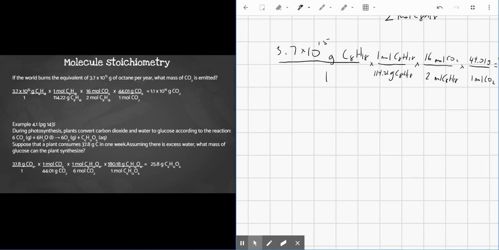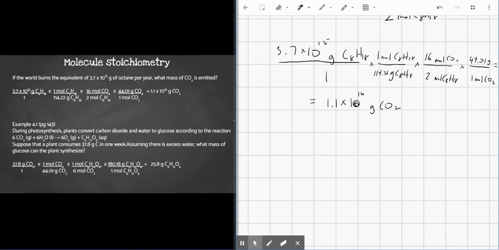We divide by the bottom numbers, and we should get 1.1 times 10 to the 16th power. That looks like a 16. That's a 10. Okay, and that's how many grams of CO2 are produced. Notice that we had two significant figures here, so we end with 2 at the end of the problem.